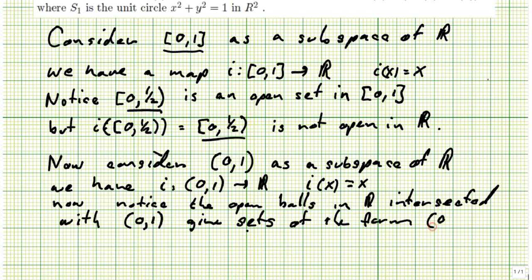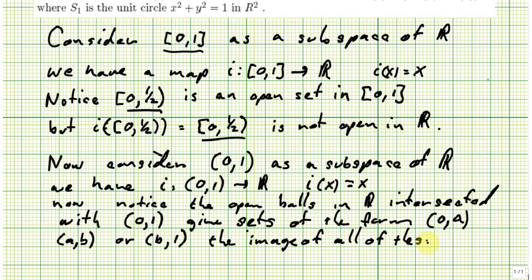You can have 0, A, or A, B, or B, 1, and the image of all of these is open in R. So I, the injection map, is an open mapping in this case.